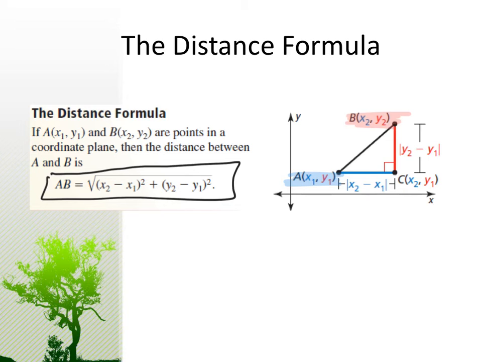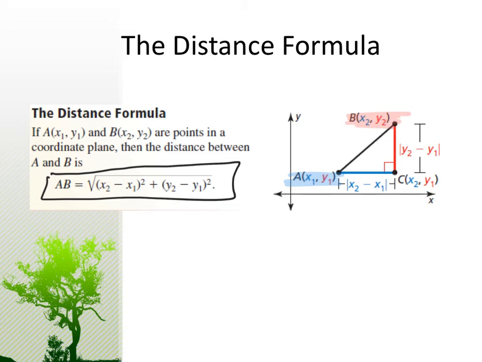Now, some of you may have learned this in Algebra 1 or even pre-algebra. Another way to find the length or the distance is the Pythagorean theorem. But for this lesson, all I'm going to test you on right now is the distance formula, because we haven't officially learned the Pythagorean theorem yet.